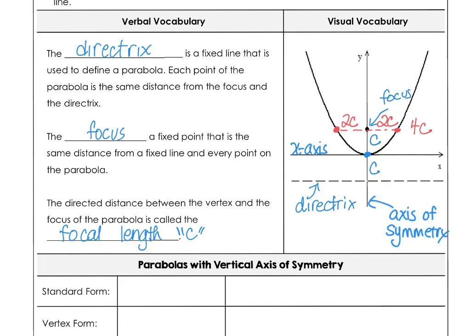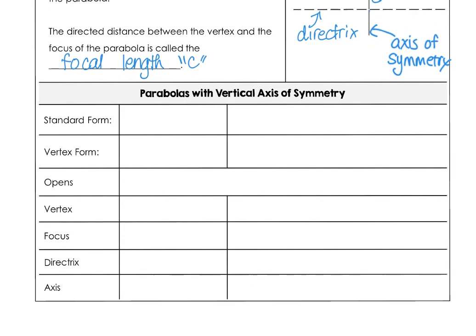Next, we're going to look at some of the formulas for parabolas with a vertical axis of symmetry. So when the vertical axis of symmetry passes through the origin, we say that the formula, standard form, is x squared equals 4cy. And if you solved for y, you would have 1 over 4c times x squared.